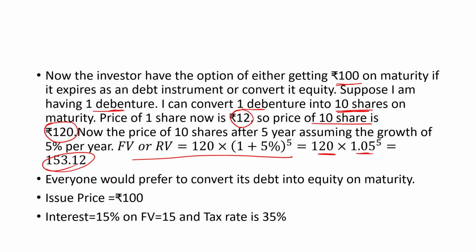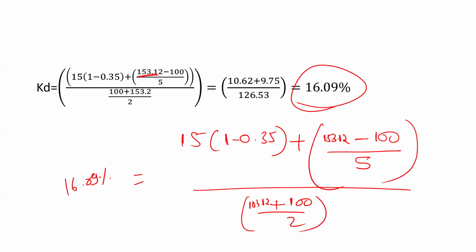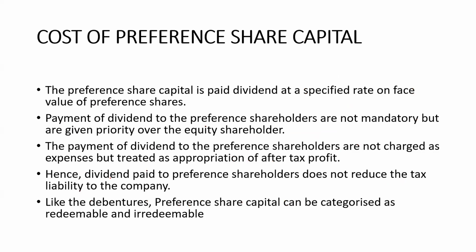So the value I'm getting is 120 rupees. And if I consider the future value of that 120 rupees at 5% per annum, which is the growth rate of the equity, then the redemption value I'm getting is around 153.15. Okay, so we'll consider that. And that way, when we are calculating, we are getting a cost of debt of around 16.09%.